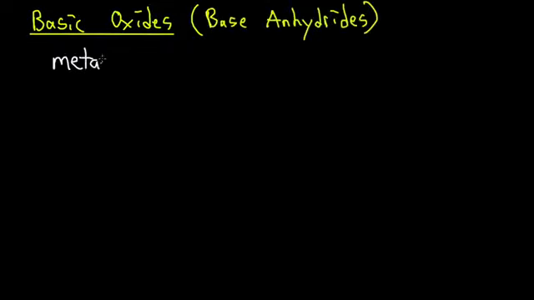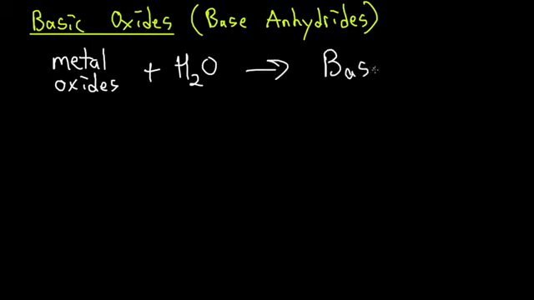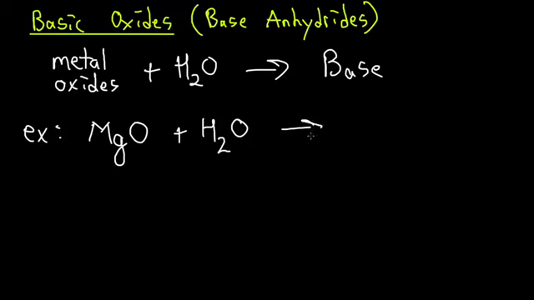Moving on to basic oxides, commonly known as base anhydrides. So metal oxides are going to be the ones that will form bases when dropped in water. So metal oxide plus water will form a base. For example, if we have magnesium oxide, MgO, plus water, we know that we are going to form MgOH.